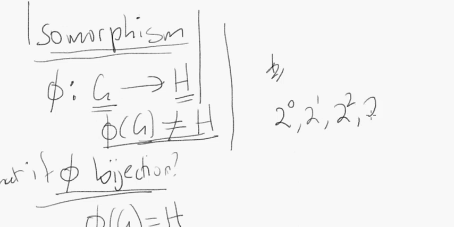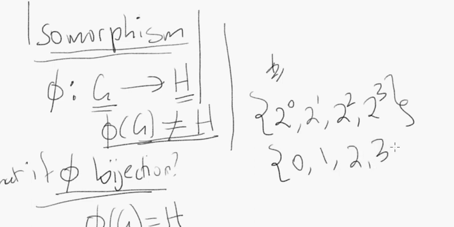If you look at this group here, and then you want to compare it with this group here, 0, 1, 2, 3, this is the group Z mod 4Z. That is, it's addition mod 4, right? So let's call this H, and let's call this G. These groups obviously are different, but there's something about them that's really the same.